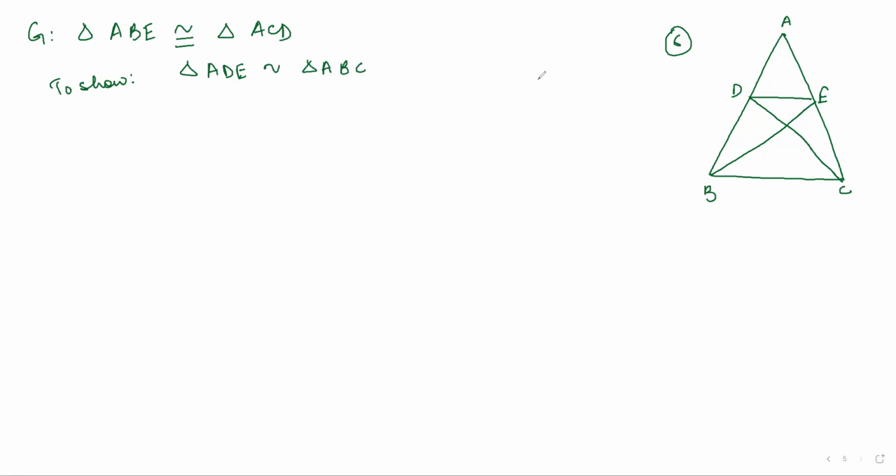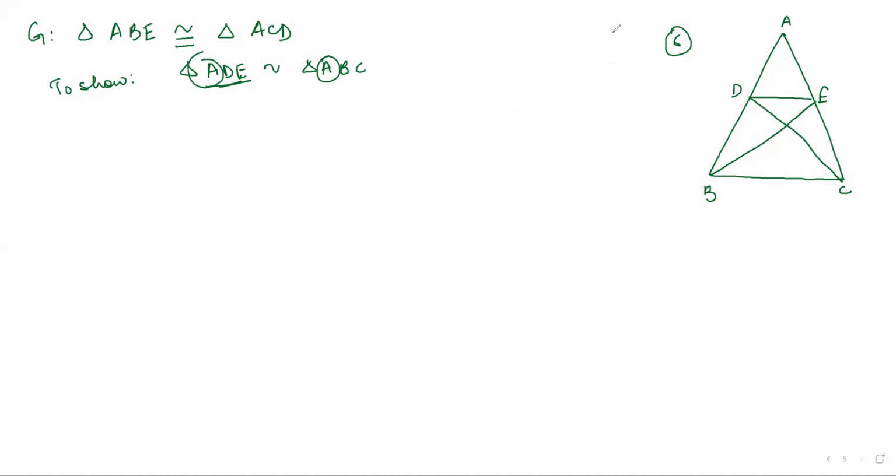So let's see which is ADE. ADE is the top one, and ABC the complete one. So angle A is a part of both, very clearly visible. A is there in both, you can see, right? So angle A is common here. One angle we have got.